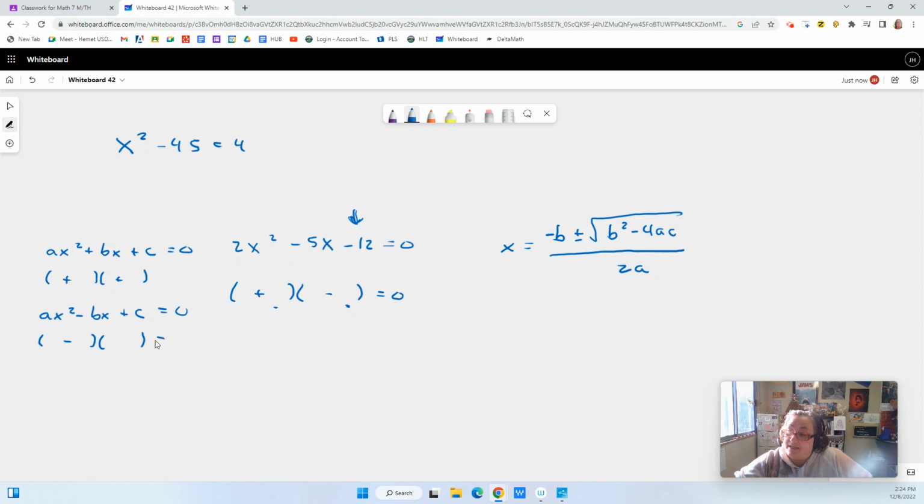The reason I know that is that this is negative, but this is positive. And so I can't have a negative here and a positive here unless both of these are negative. When I multiply these two end pieces together, two negatives make a positive.